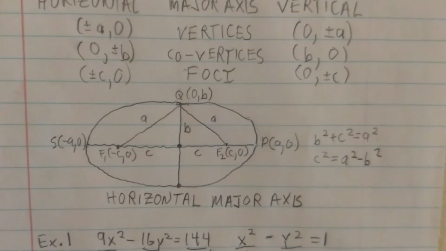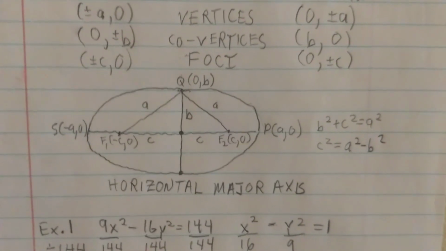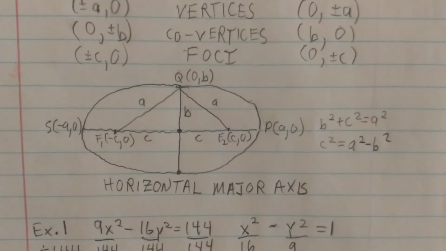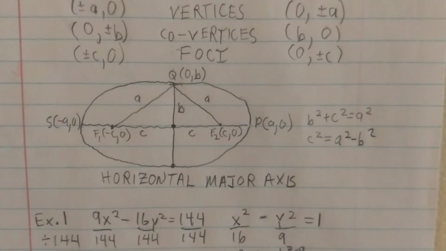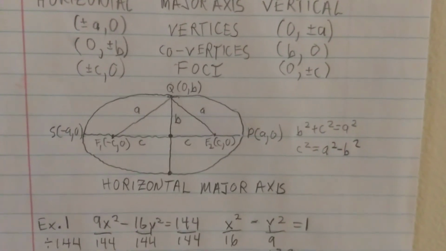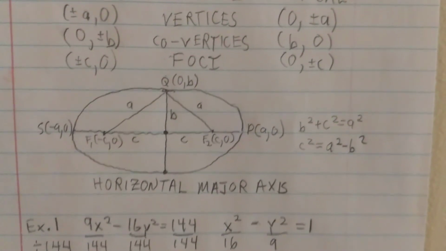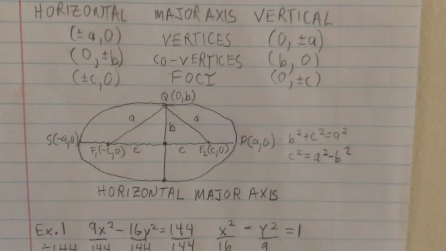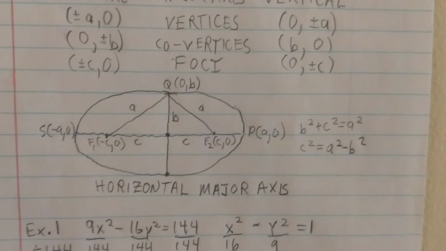The focus points are always inside the ellipse, as we see in the picture here, and they're plus or minus c comma 0 for the horizontal, but 0 comma plus or minus c for the vertical. Notice for the horizontal, a and c are both on the x-axis, and for the vertical, a and c are both on the y-axis.